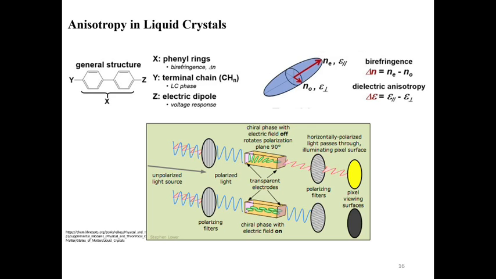When it goes to the analyzer, it chooses to either block the light or transmit the light. That is actually the working mechanism for all the displays. If you consider each pixel, you have those materials, and you have the light going in, and for each pixel you can control the orientation of the liquid crystal, selectively transmit or block the light, then you will have the pattern or the image showing on your display.